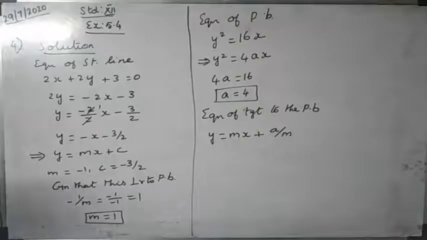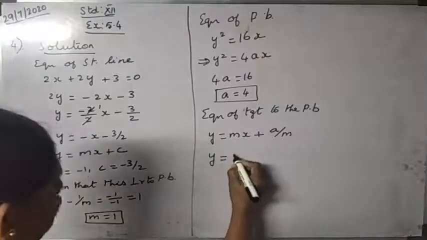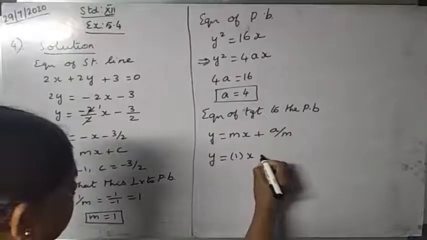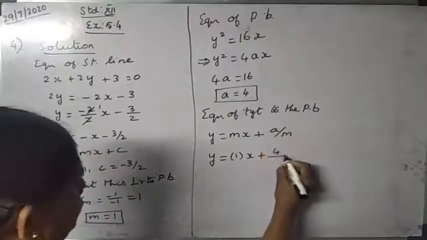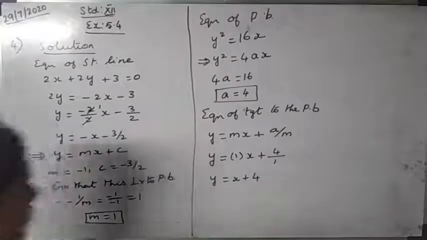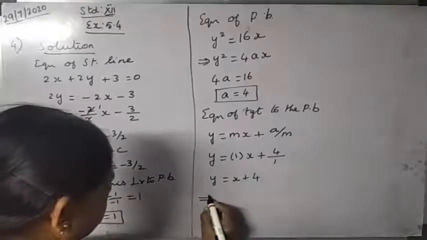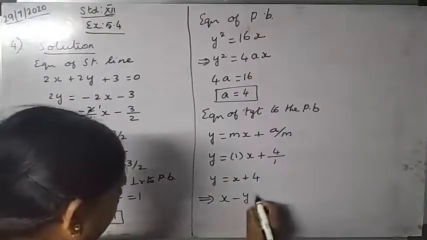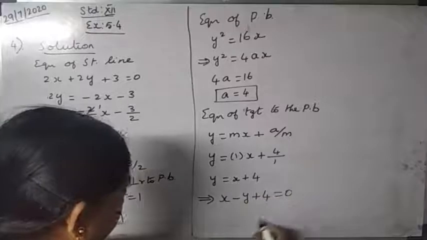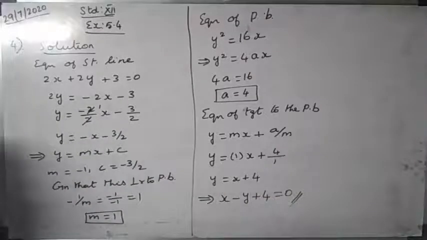Now substitute m and a values here, you will get the tangent equation. M is 1. So 1 into x plus a is 4 by 1. So y is equal to x plus 4 is the required equation. If you bring this y to this side, which implies x minus y plus 4 is equal to 0 is the required equation.